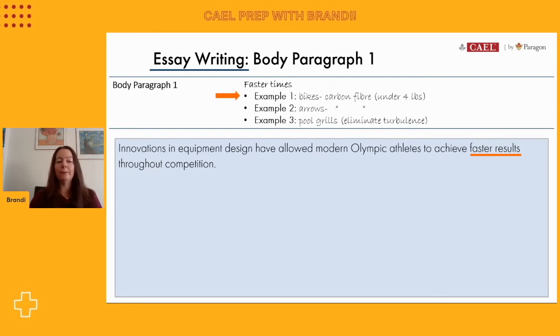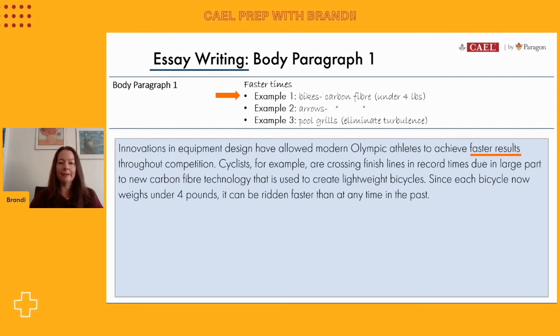Our first example, we learned that bikes now use carbon fiber technology, which makes these bikes really, really lightweight. They're under 4 pounds now. So you can imagine an athlete that's pedaling along on a lightweight bicycle, of course, is going to be able to travel faster. So this is the idea that we want to include. So let's say something about bikes or cyclists here. Maybe this would work.